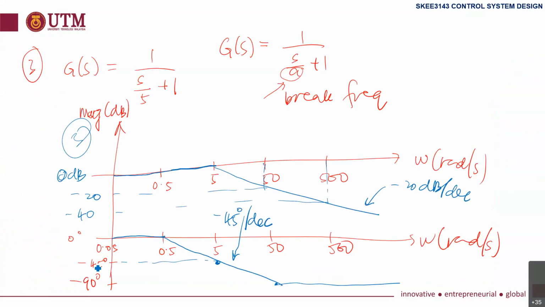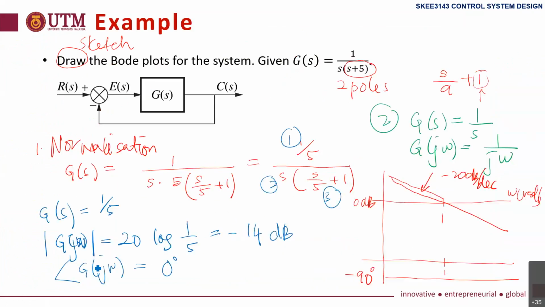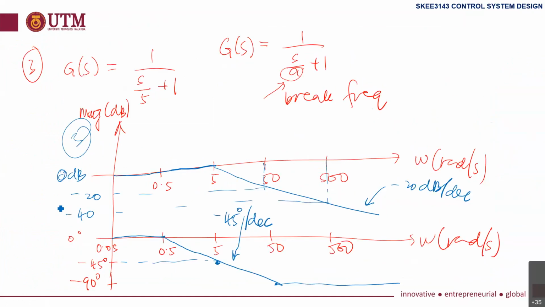Okay, let's start by looking into the first component. This is the first component, 1/5. The magnitude is minus 14 dB.